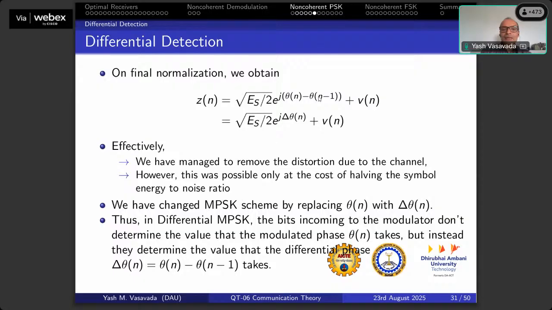And to get benefited, I will transmit information in this delta theta n term, not in the absolute theta n. So the bits incoming to the modulator don't determine the value of the actual modulated phase, but they determine the value of the phase with which the signal changes, going from one symbol to the next.